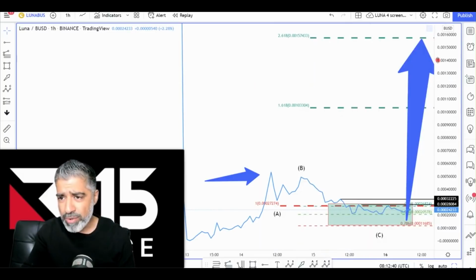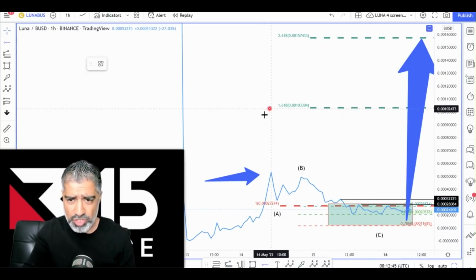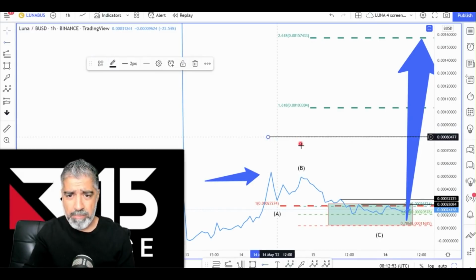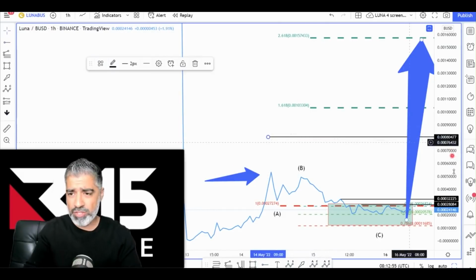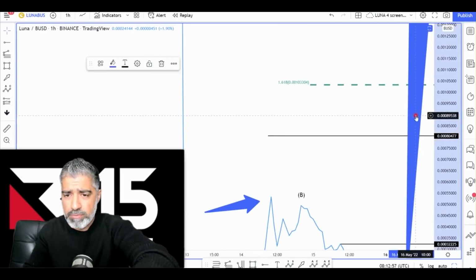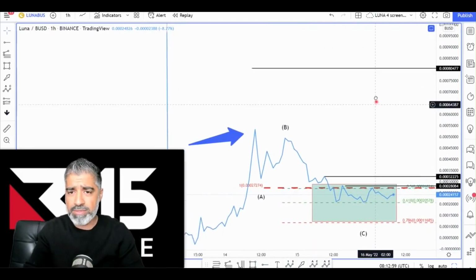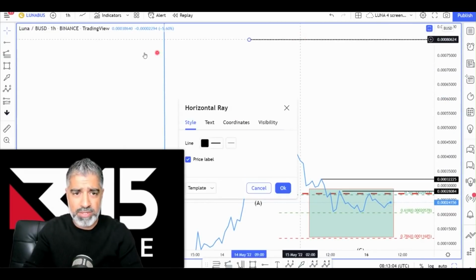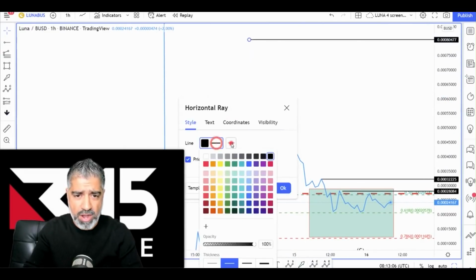So where is 0.0008? There is roughly, let's draw a line over here. I'm just getting the price, so bear with me. It's approximately here. This line over here, if I can zoom in like this. All right, this black line, let me make it thicker.